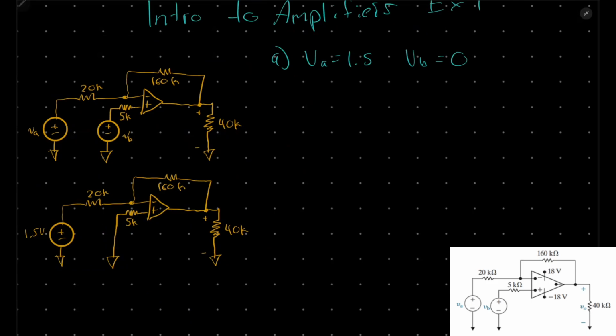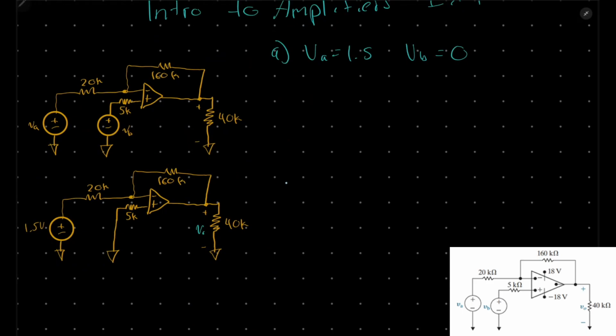So right here we have an inverting amp, and we're trying to find V out right here. And the equation for finding V out is as follows.